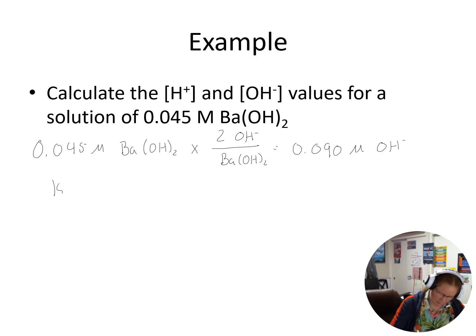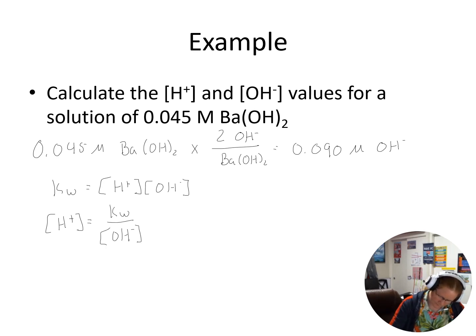Now Kw is our H plus times our hydroxide. So if we need H plus, we rearrange. So we'll get our 1.0 times 10 to the negative 14th, our Kw, over our hydroxide of 0.090.